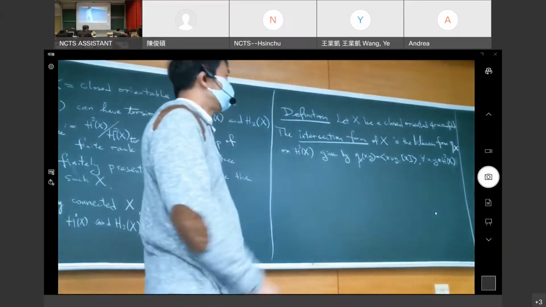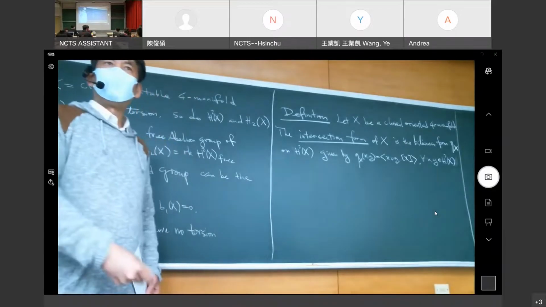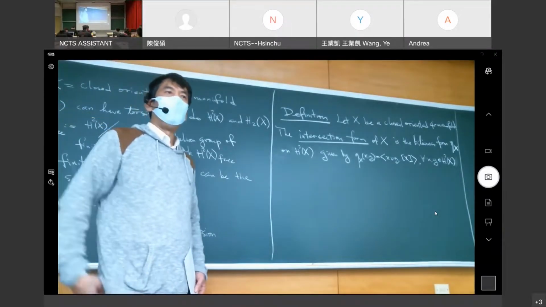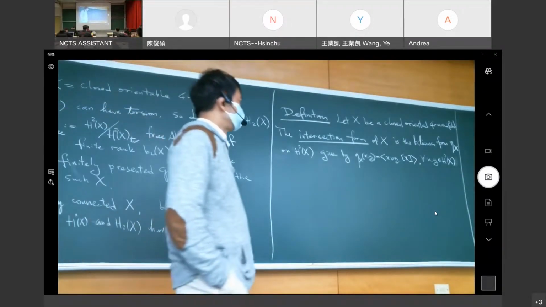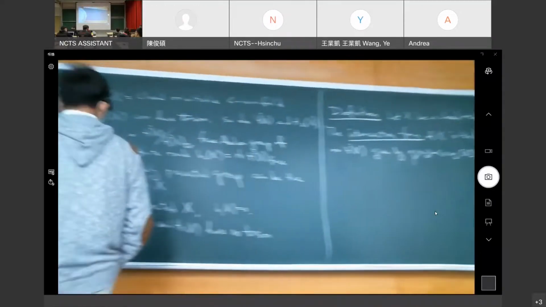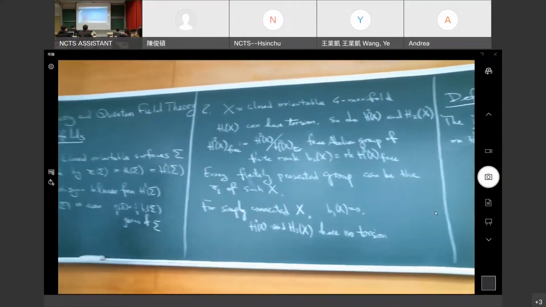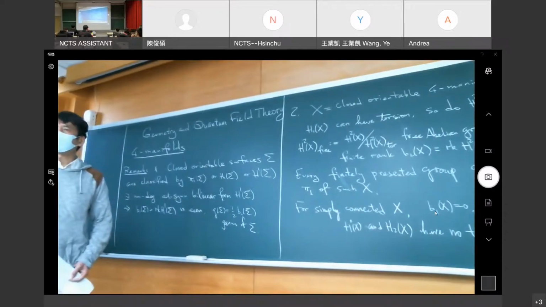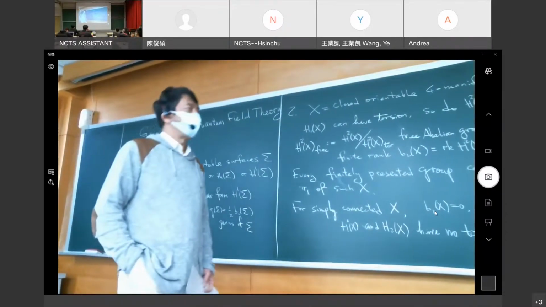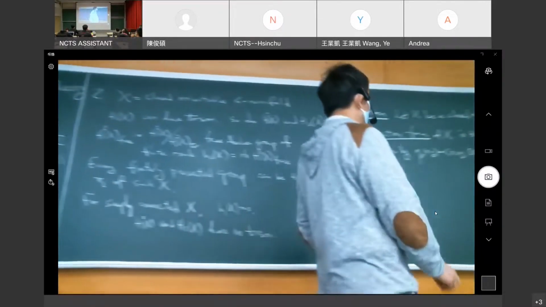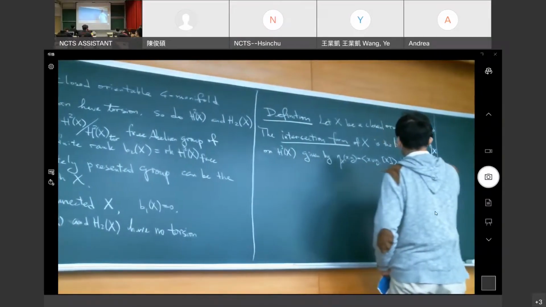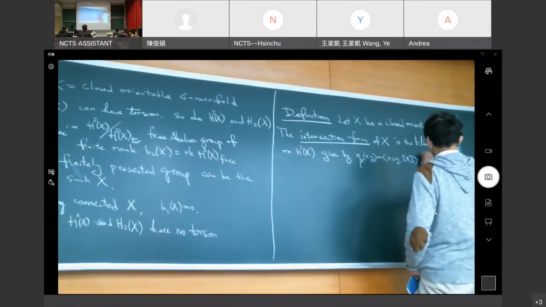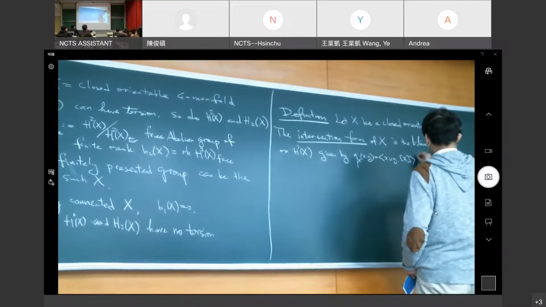So this is one version of the intersection form. As I said, when we do not assume that X is simply connected, H upper 2 can have torsion, and fortunately, these are integer valued.